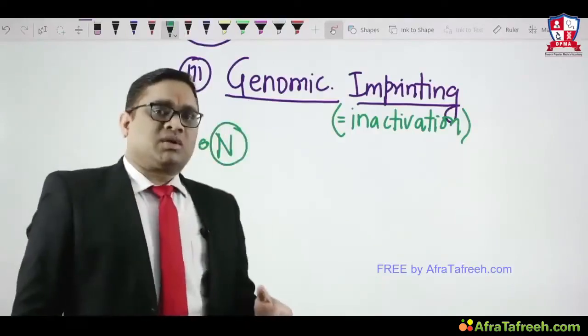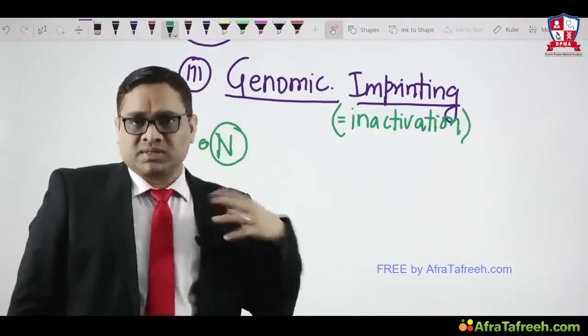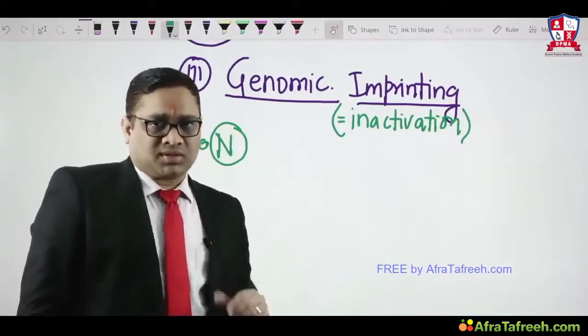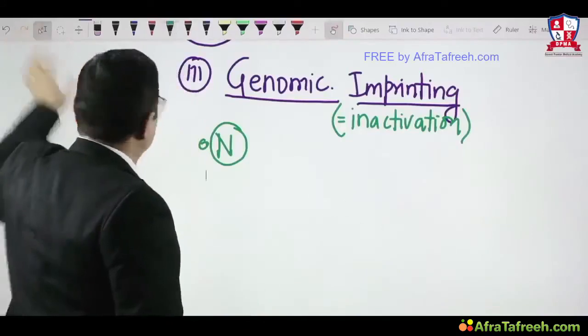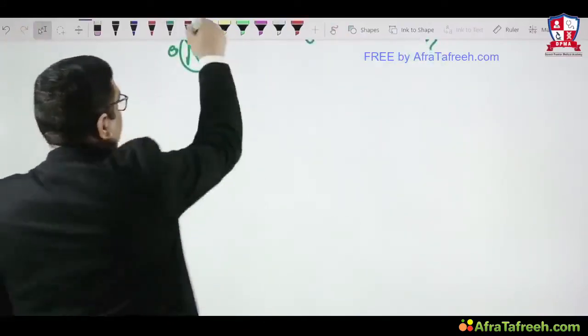And abnormal genomic imprinting will be responsible for certain genetic disorders, which we will discuss in a later part of this discussion, right? So first let me describe what genomic imprinting is. It's a normal phenomenon.